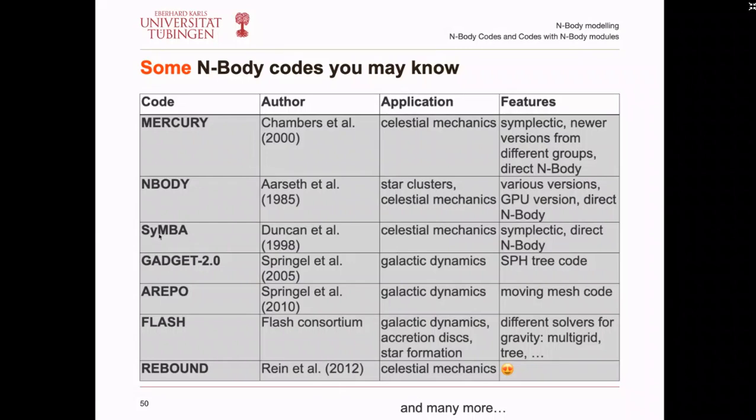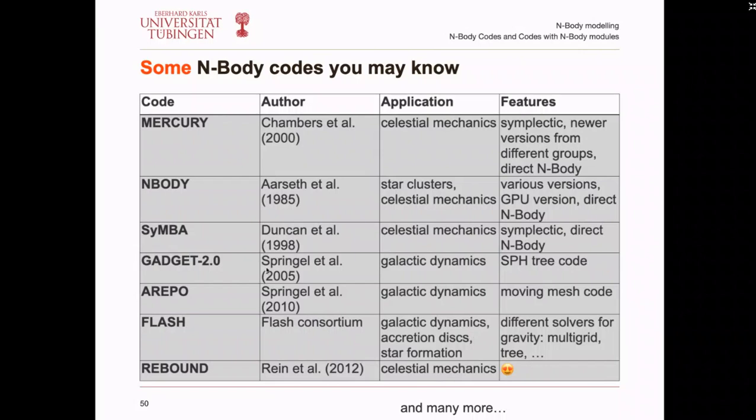Then there's a famous code, SyMBA, by Duncan, for celestial mechanics, which had, I think, a nice symplectic integrator first. Then we have 2 or 3 codes from the hydro community, more or less. So Gadget is an SPH code that is used for galactic dynamics. It has this SPH tree method, or this Barnes-Hut tree, to calculate the gravitational forces on the gas.